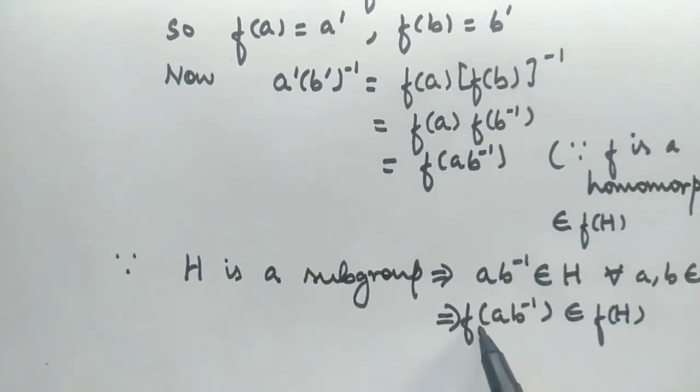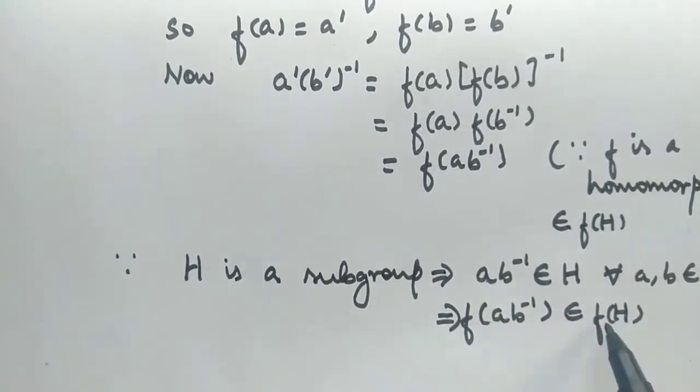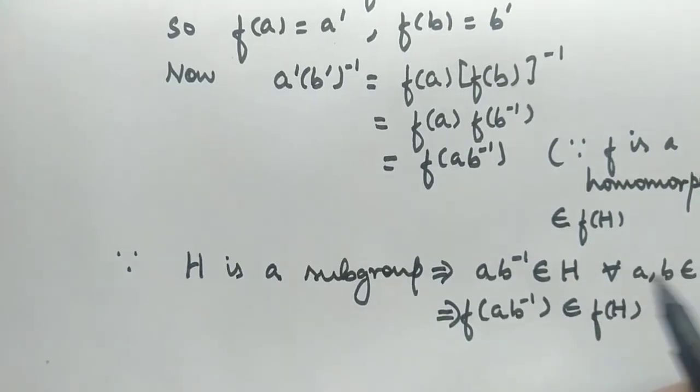That is, the image of a b inverse is in f(H).